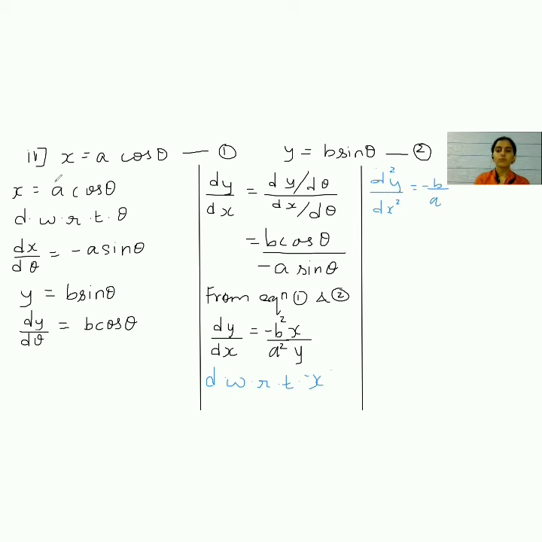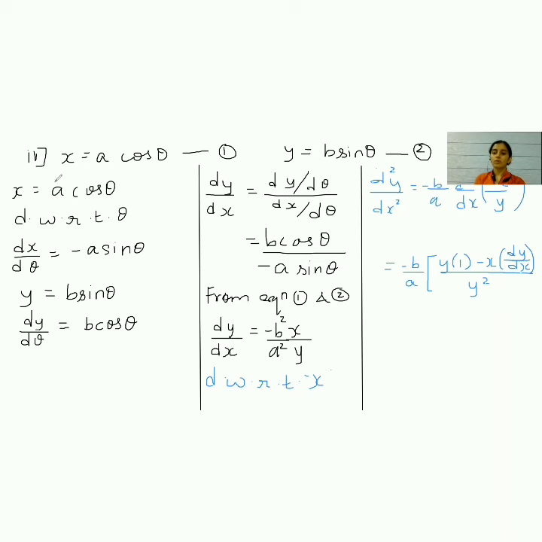Derivative of x upon y, we have to use the division rule. So d by dx of x upon y. Let us use the division rule. Minus b by a remains there in the bracket. Denominator square, denominator as it is, derivative of the numerator, minus x, derivative of the denominator, dy by dx.